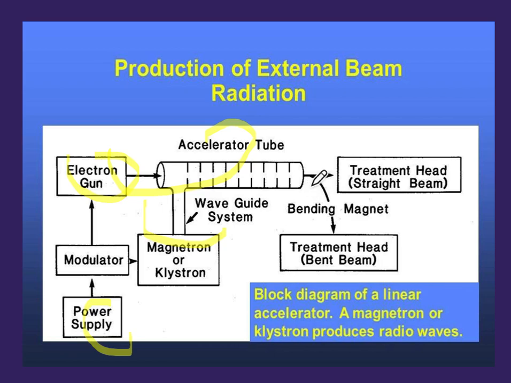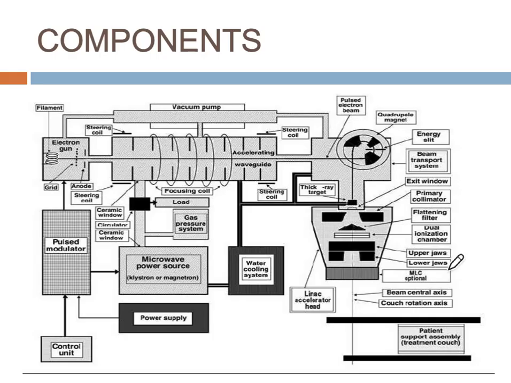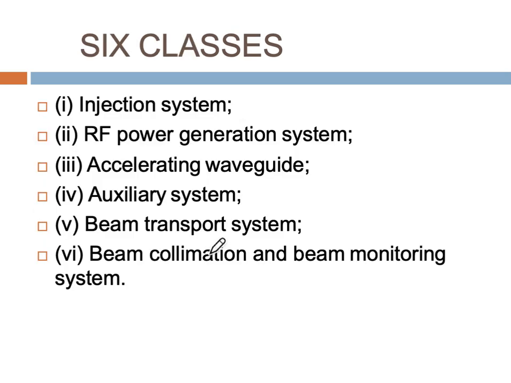We treat patients with it, and we need to bend the beam to expose the patient's tumors. These are all the components, and this is the schematic structure of a medical linear accelerator. There are 6 classes.